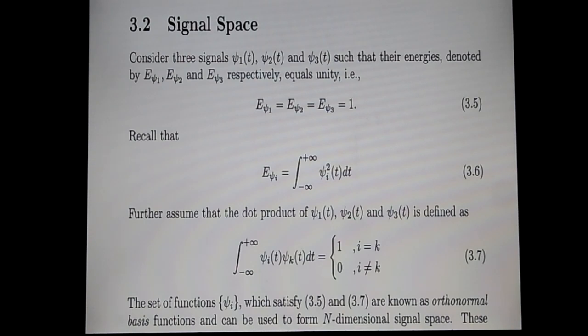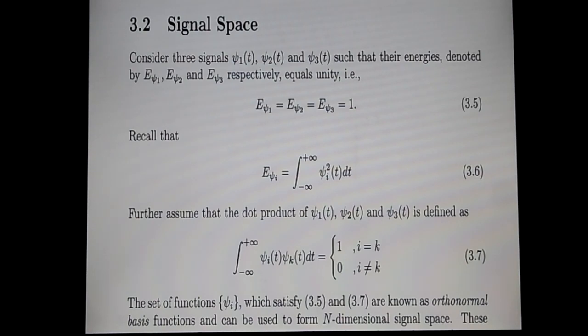As you can see in this section 3.2, we have considered three signals, psi 1 of t, psi 2 of t, psi 3 of t, such that their energies, denoted by capital E with the subscript psi 1, similarly capital E with the subscript psi 2, are the energies of these three signals respectively, and we say that the energies of these signals are unity.